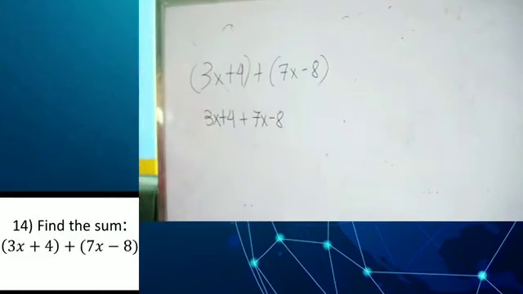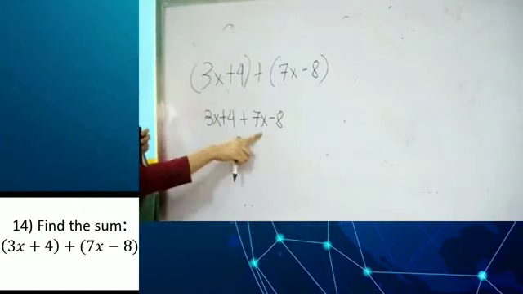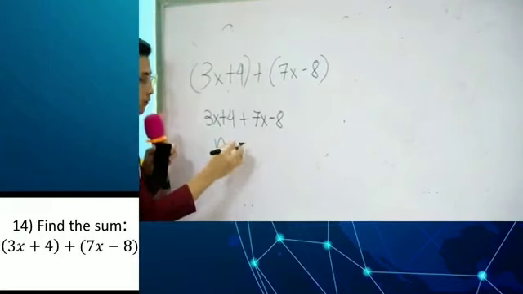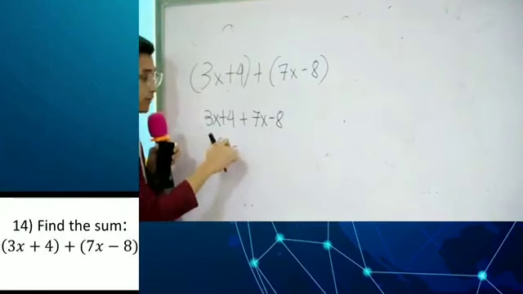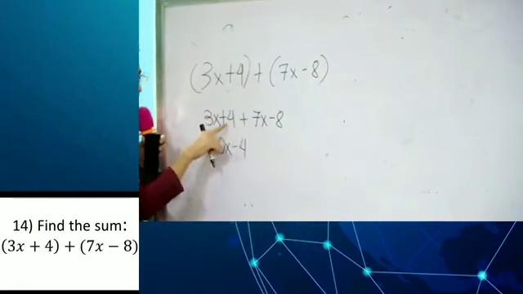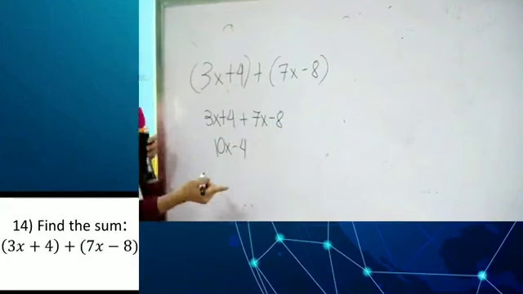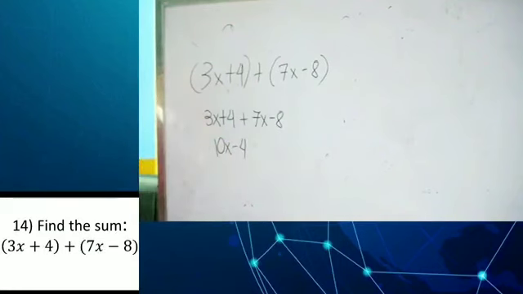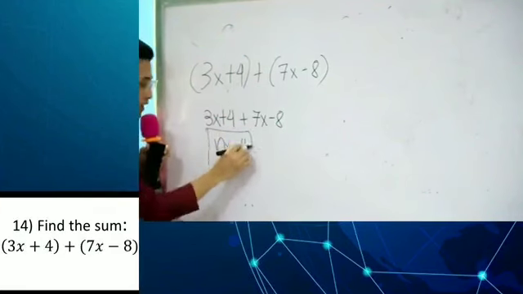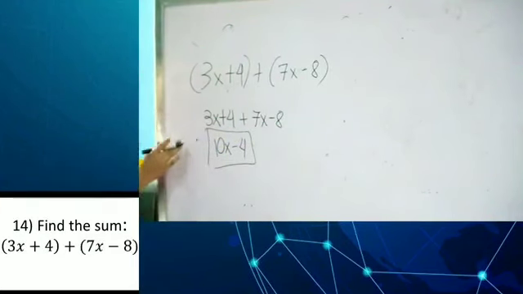And combine like terms. So, 3x plus 7x, 10x. 8 minus 4 is negative 4. Okay? So, tandaan nyo lang kapag different signs, subtract, and copy the sign of the bigger number, which is negative sa 8. Okay? So, answer here is 10x minus 4.